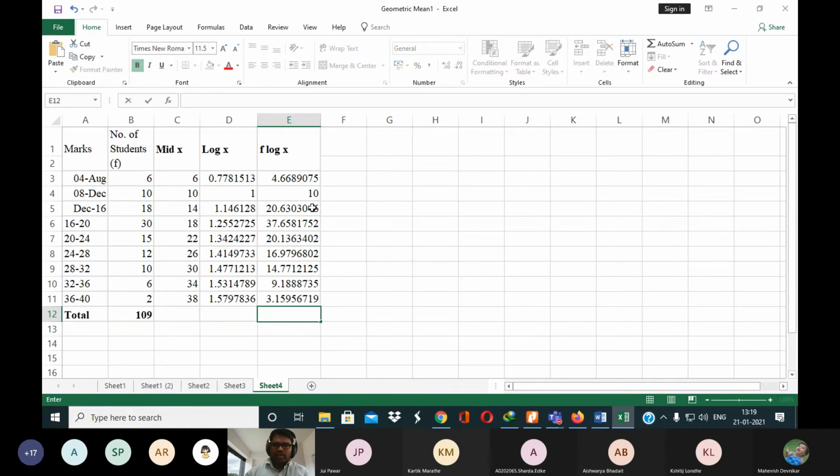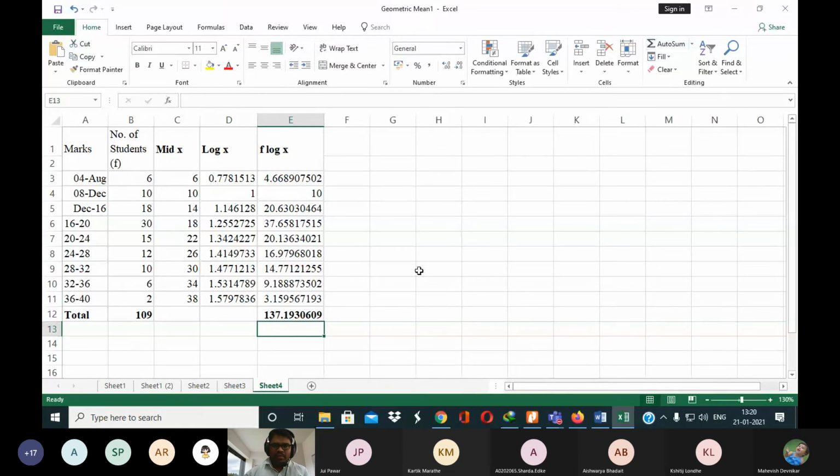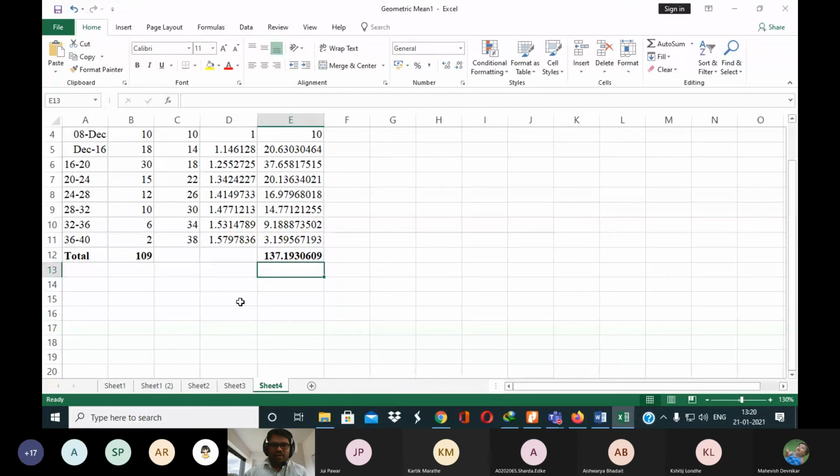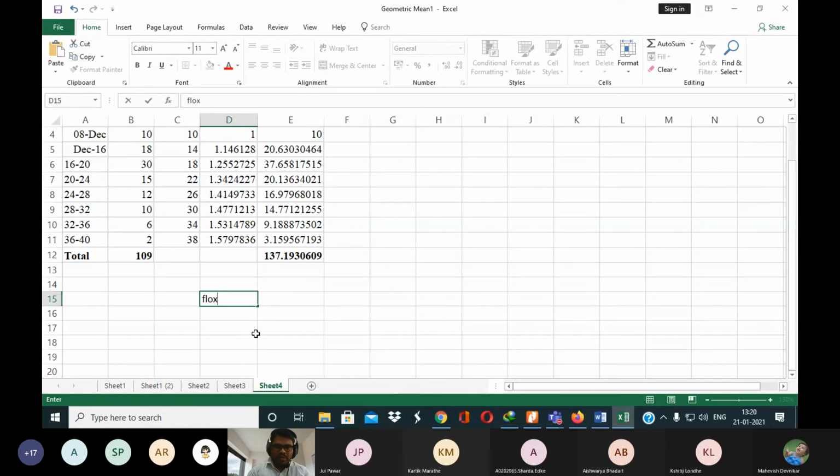Now you need to find the summation of f of log of x, which will be 137.9130.